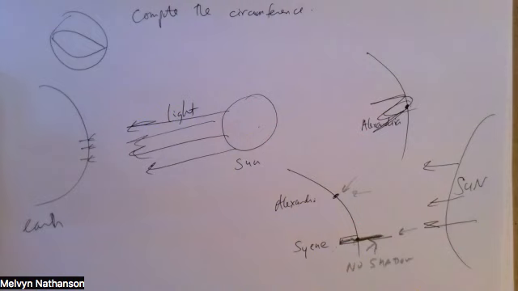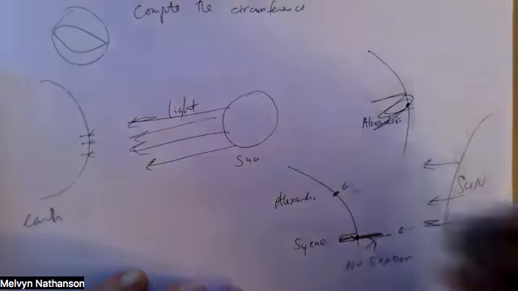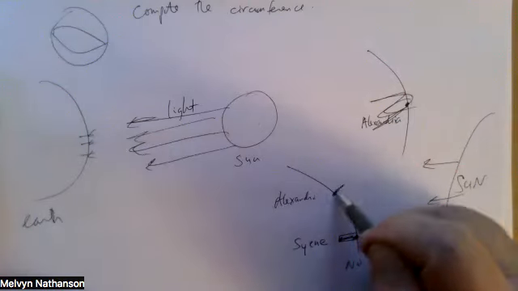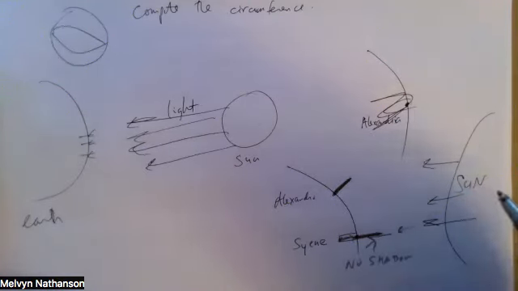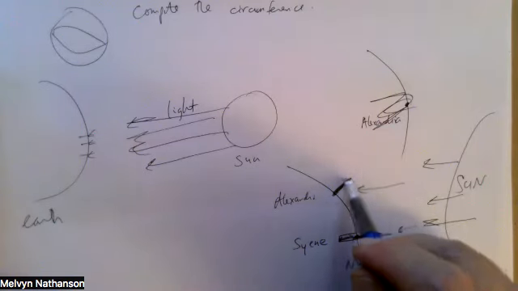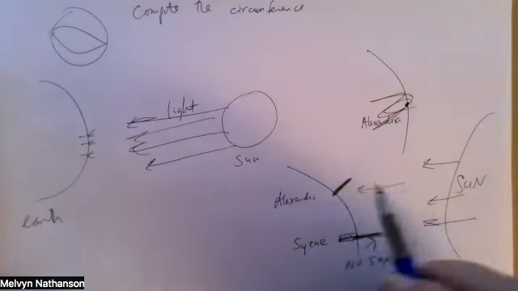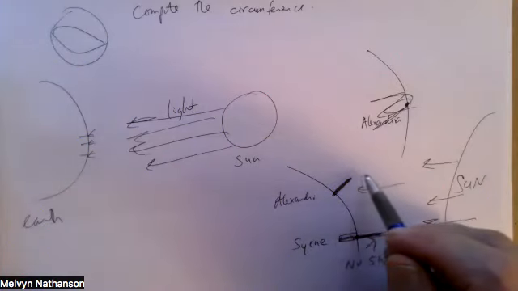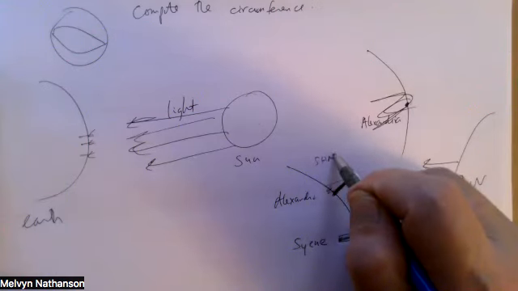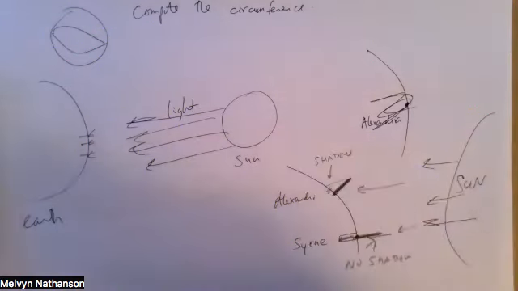But north of Syene, you could put a pole. So here is this pole, perpendicular, straight up. And now, when light comes in, it leaves a shadow. There's a shadow here.